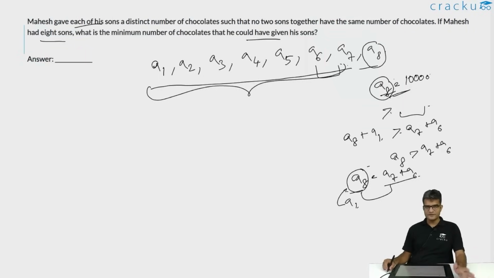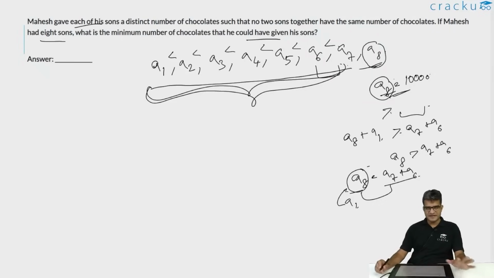Essentially, if you think about it, if you assume that the 8 numbers are A1 to A8, and we have calculated the values of A1 to A7, such that A1 is less than A2 is less than A3 is less than A4 is less than A5 is less than A6 is less than A7. And now we are required to calculate the 8th such number, such that this pattern is satisfied. Now you look at the first 7 numbers.